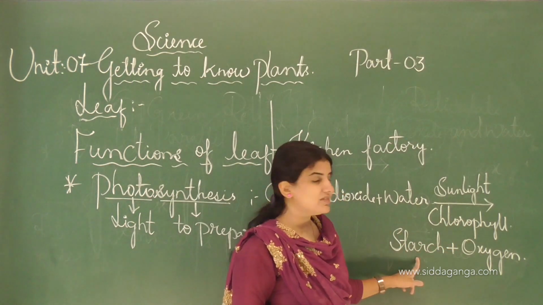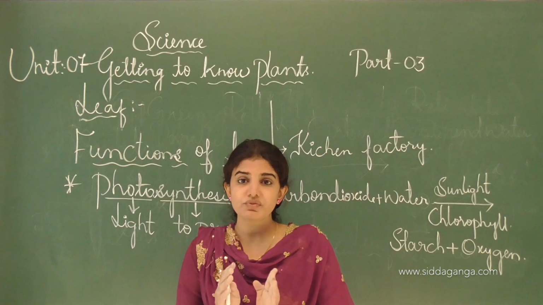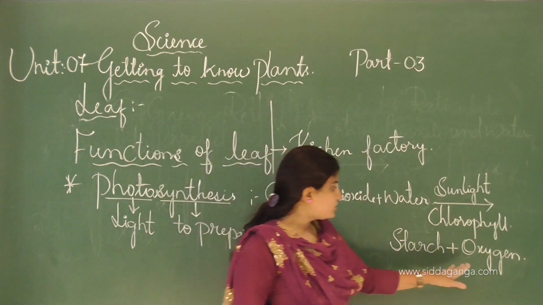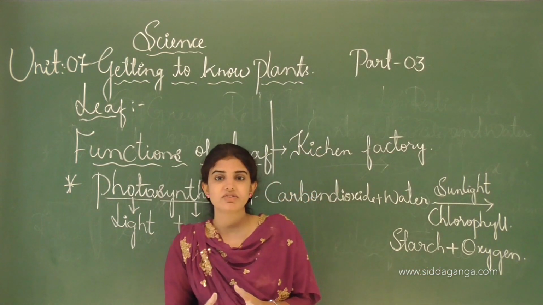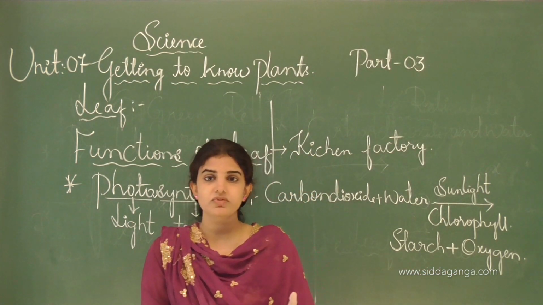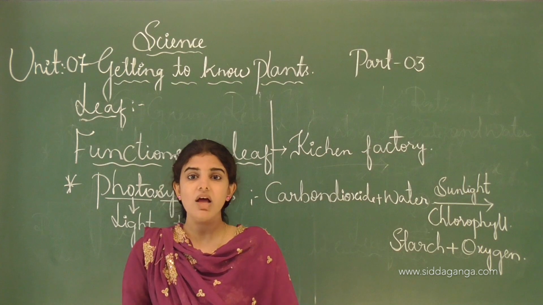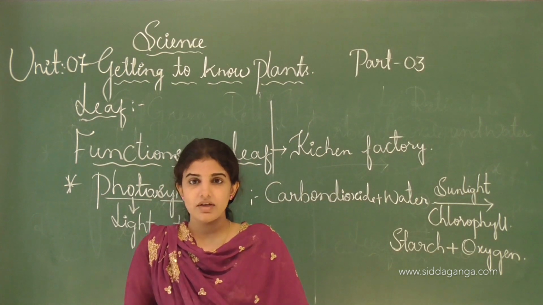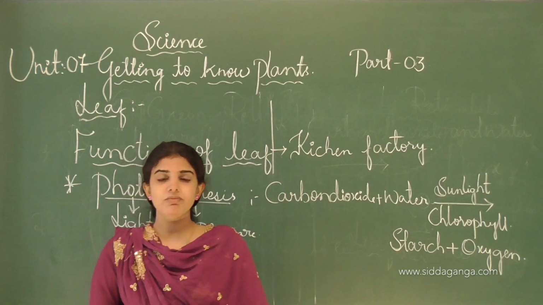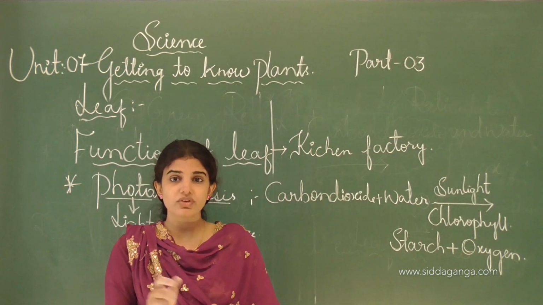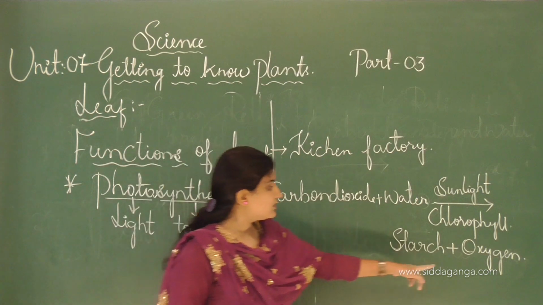It will produce the starch. Starch is nothing but the food, and oxygen is released by the plants. When it is released to the atmosphere, it is utilized by all living creatures on earth, not only human beings, animals, different types of birds, but even microorganisms.